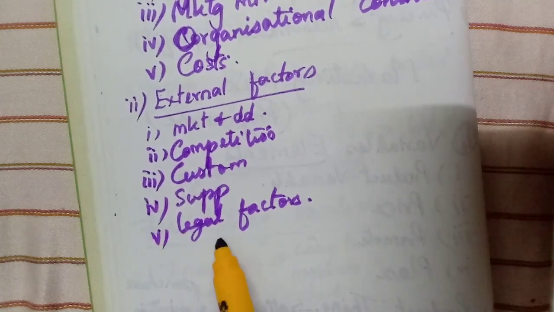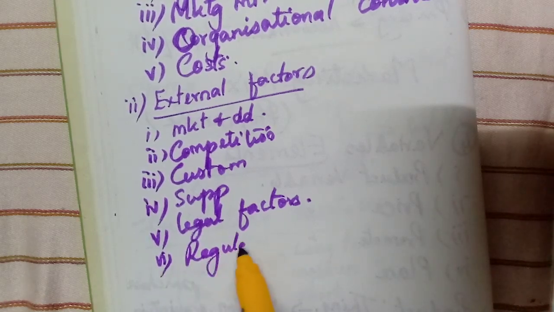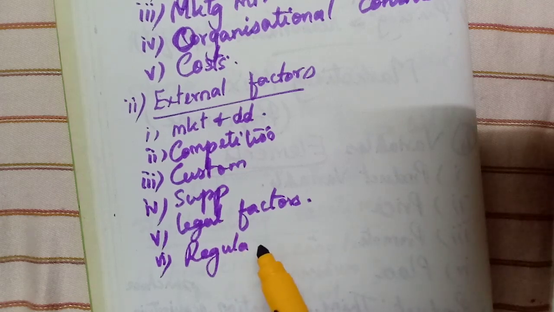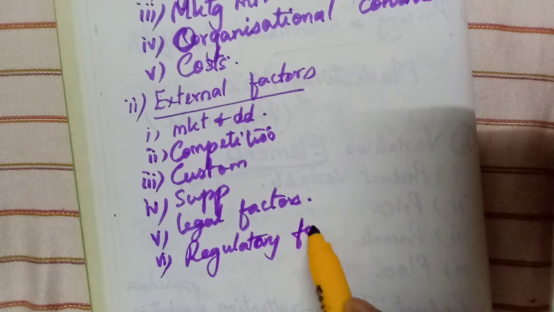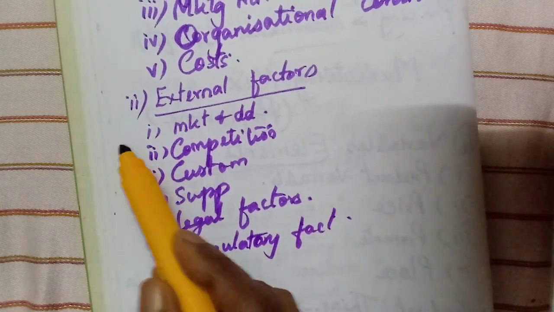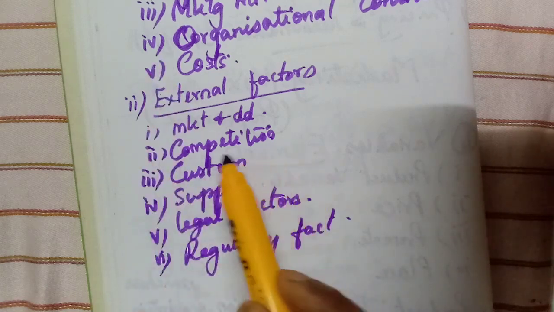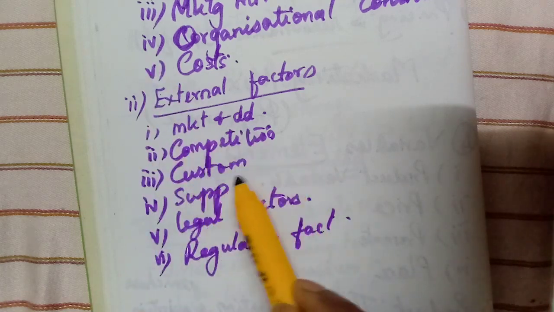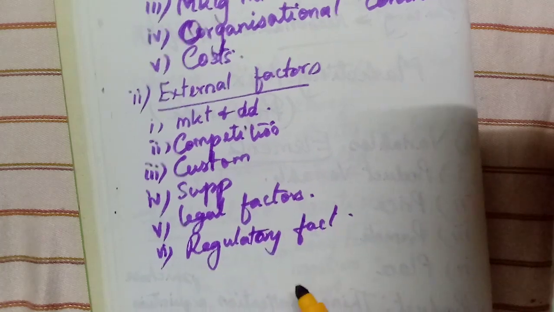Okay, all must be followed. Then any regulatory factors, any act or any government's provisions must be applied. So regulatory factors. Okay, all these are the external factors that determine the price of a commodity. Market, demand, then competition, customers, suppliers, then legal factors, then regulatory factors.